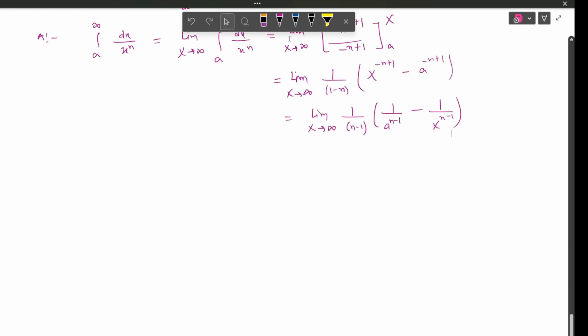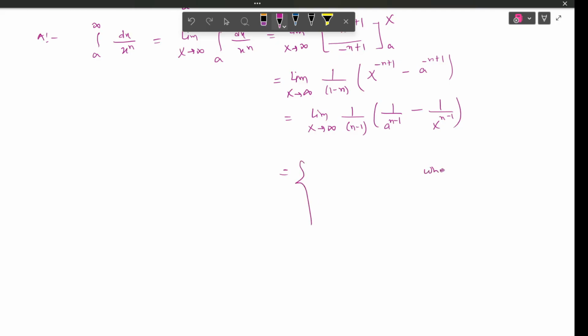Now from this you can observe that when n is greater than 1, you will have the value 1 by n minus 1 into A to the power n minus 1, and when n is less than 1, then it will be infinite.